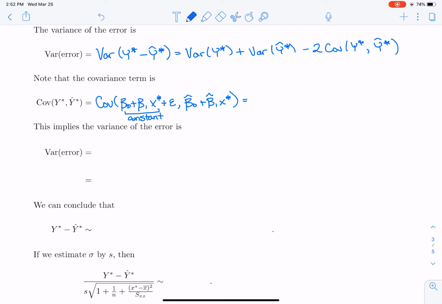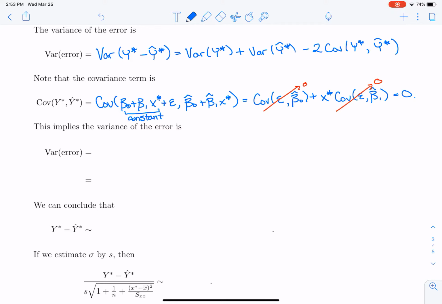So what we're left with really is the covariance of epsilon with beta 0 hat plus x star times the covariance of epsilon with beta 1 hat. Now epsilon is just the random error, so it's going to be independent from both beta 0 and beta 1. So those covariances are going to be 0. So the covariance of y star with y star hat is going to be 0.